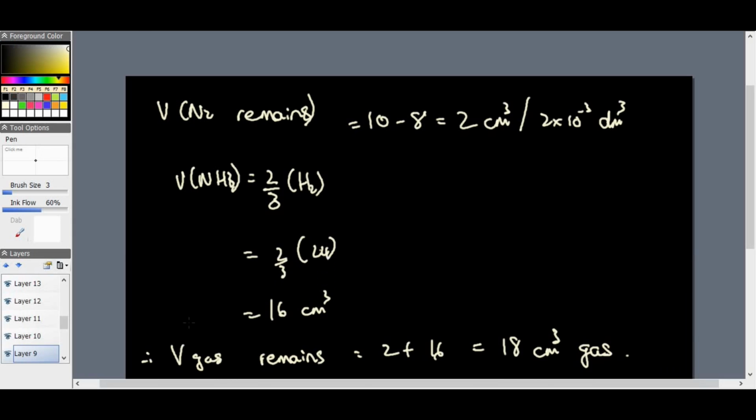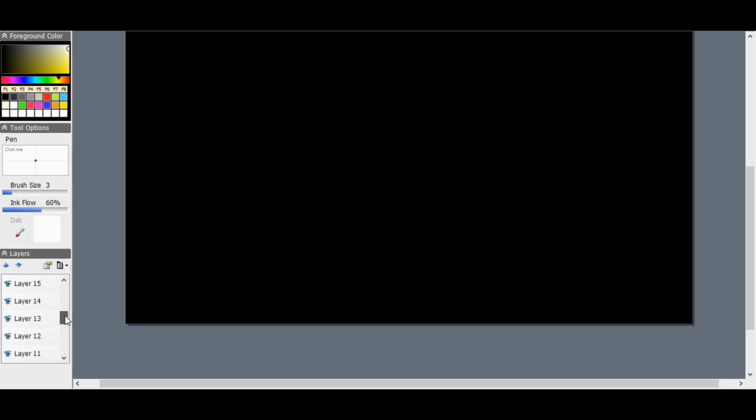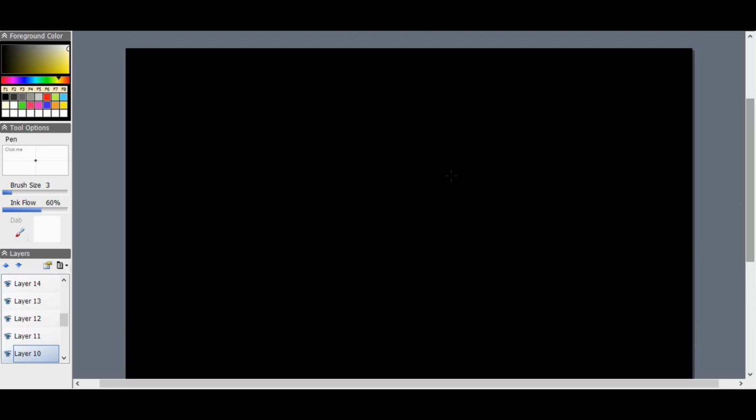So, 9.1.4. Let's use the formula: n is equal to mass divided by molar mass.